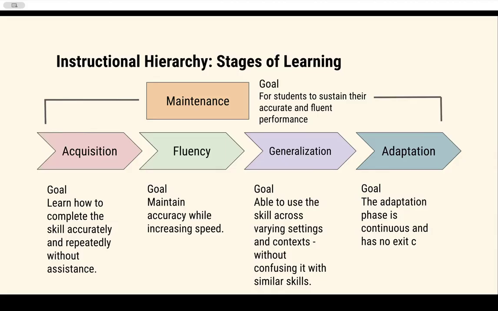After fluency has been laid as a foundation, they are able to generalize their learning and apply it to different settings and contexts and not get it confused with other skills.